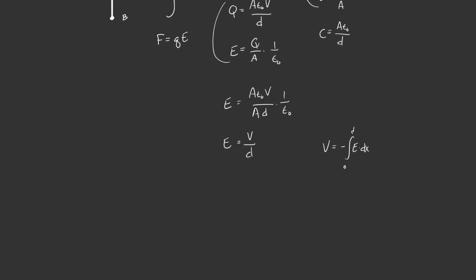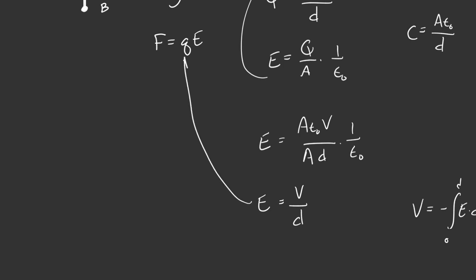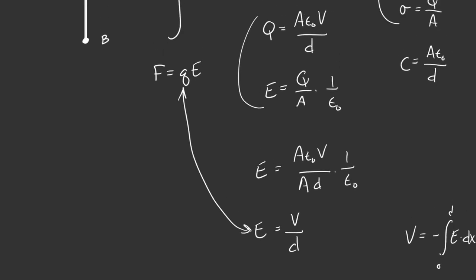All right, we've got the electric field. I think our next step is to combine these two things. Don't you? That'd be a good place to go. So the Q is the charge on the plates.